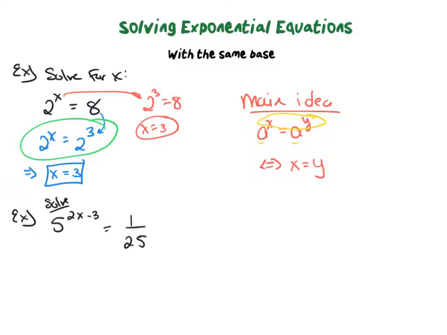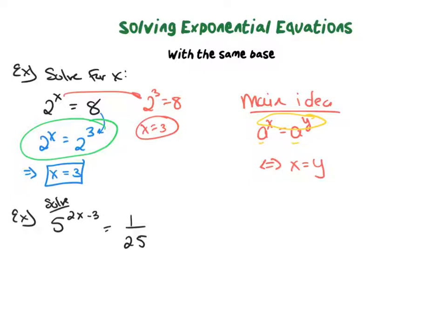Okay, so remember, my main goal here is to try to get both sides of my equation written with the same base. Generally, but not always, the base that you want to try to write both sides with is the smaller of the two numbers. So looking over here at the 1 over 25, I always ask myself, can I write 25 as 5 with an exponent?